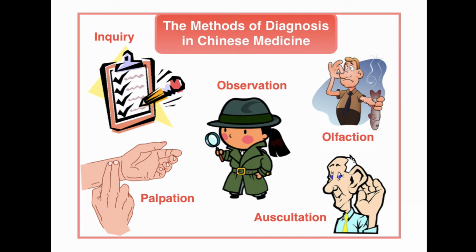We observe the face, the eyes, the lips, the ears, the nose, the hair, the nails, but also the patient's demeanor, right? Is the patient looking like they have energy and they're really hyper? Or is the patient looking like they are very weak, very soft-spoken, and they look tired, right? So looking at the patient and observing, using our skills of observation, will give us more clues to help make a full TCM diagnosis.